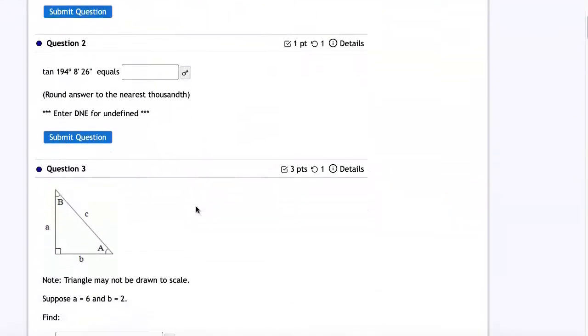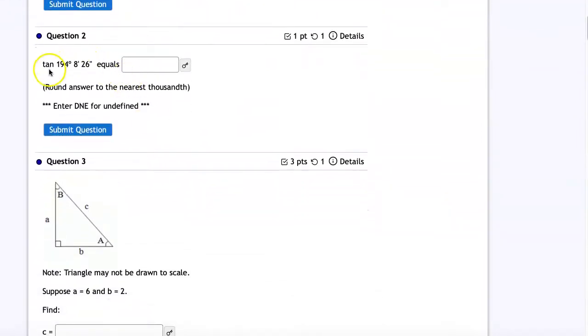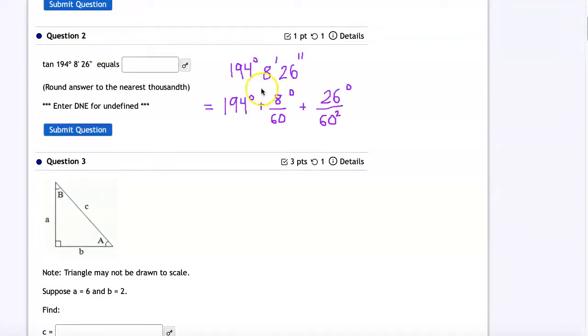Question number 2. We need to evaluate this tangent, but this tangent is given in degrees, minutes, and seconds. So what we want to do is convert seconds and minutes to degrees like this. 194 degrees stays as 194 degrees, but we need to convert 8 minutes to degrees.